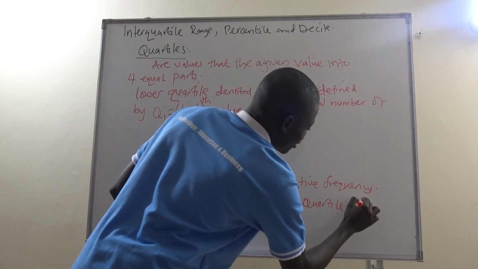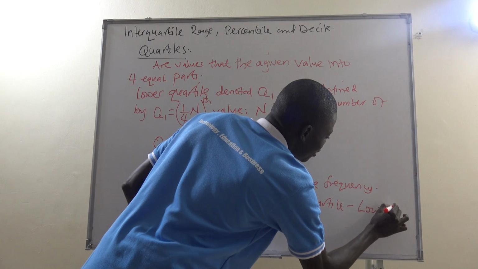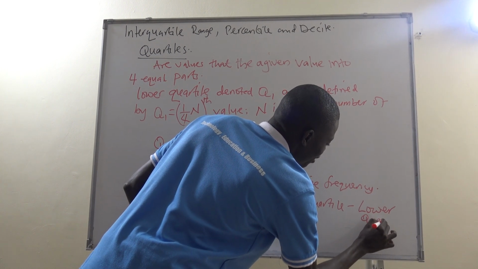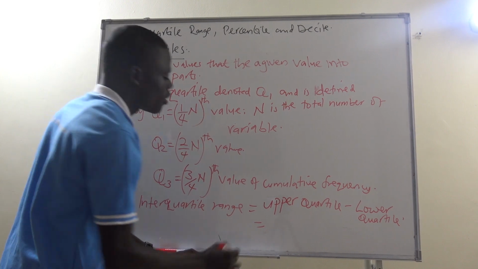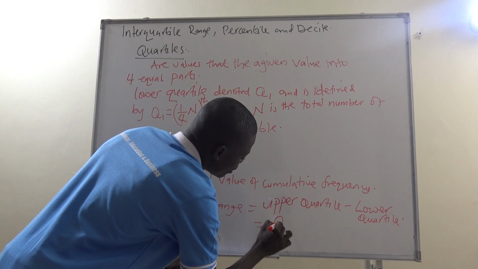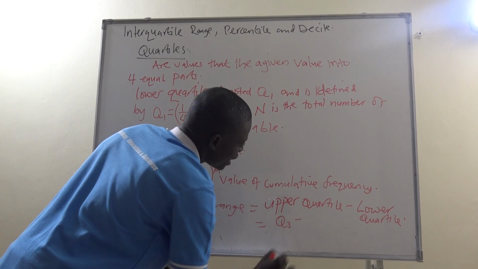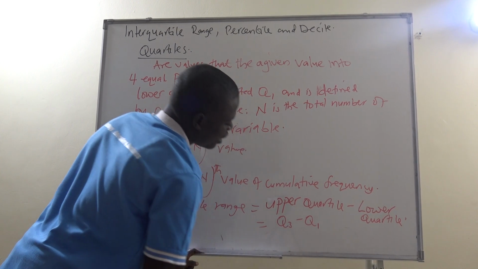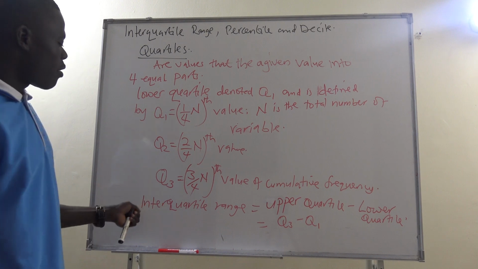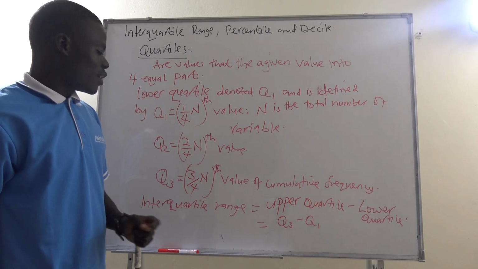So the interquartile range is the upper quartile, Q3, minus Q1.